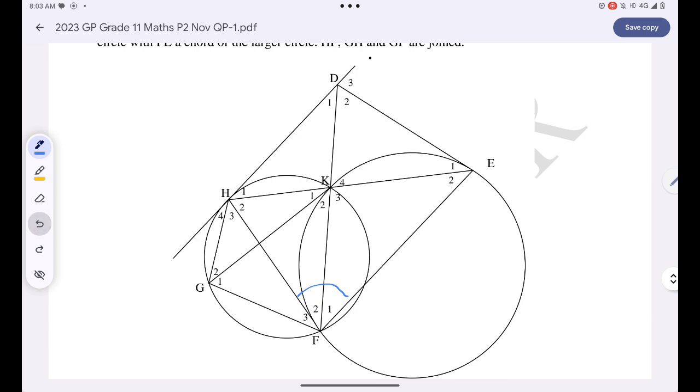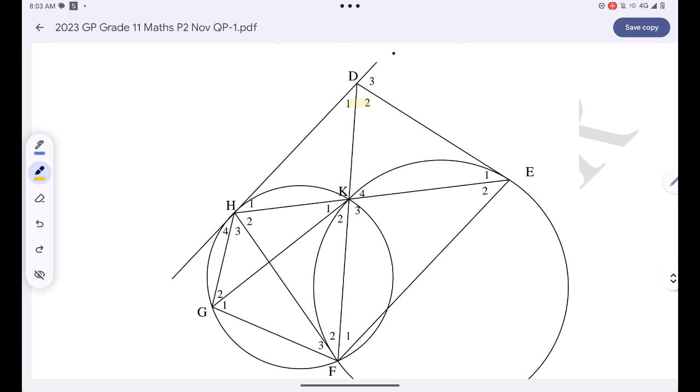Remember that this is a cyclic quad, ne? In a cyclic quad, there are three possible things you need to look out for. Firstly, the exterior angle is equal to the interior opposite angle, ne? And then opposite angles are supplementary, and then angles in the same segment must be equal.